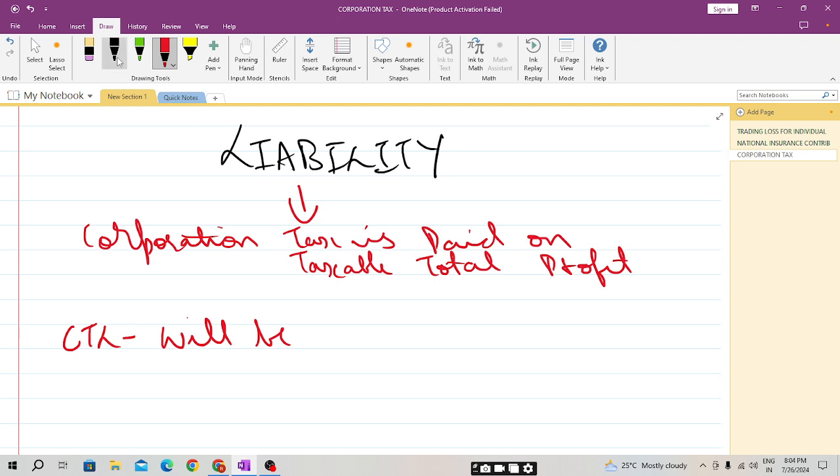As we have already seen, the corporation tax is based on the taxable total profit.